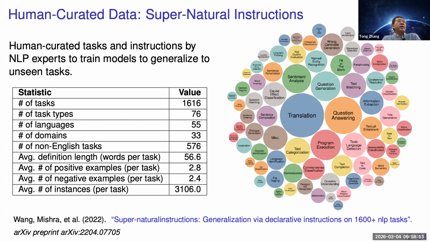Therefore, the LLM will be able to learn grammar structures, or at least the meanings of things. They used a lot of linguistic background to generate all kinds of different tasks. It's roughly 1,600.